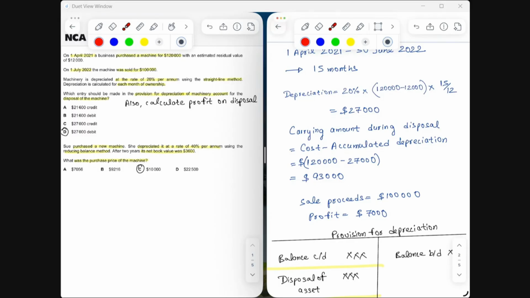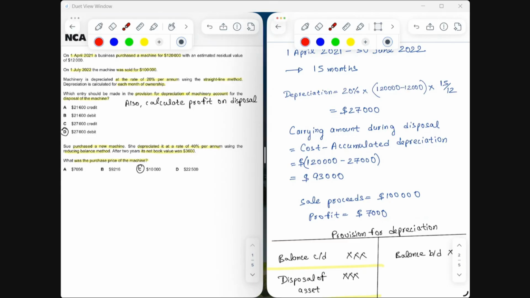Now, in the second sentence of the question, it mentions that the machine was sold for $100,000. We had $93,000 of economic benefits still available for consumption or utilization within the business to help the business generate more revenue. But the business sold it for $100,000, which means a profit of $7,000 has obviously been made.